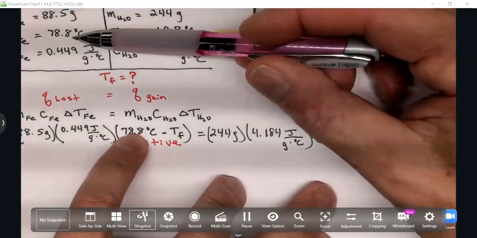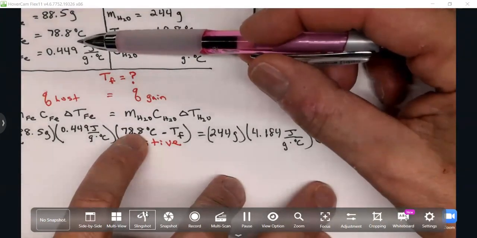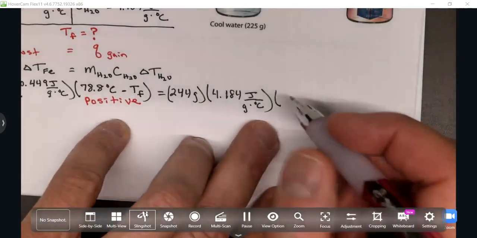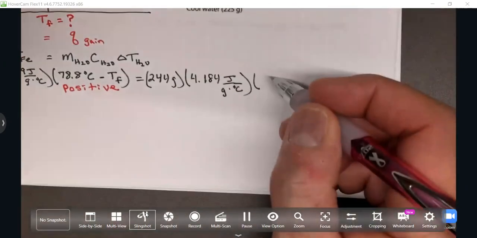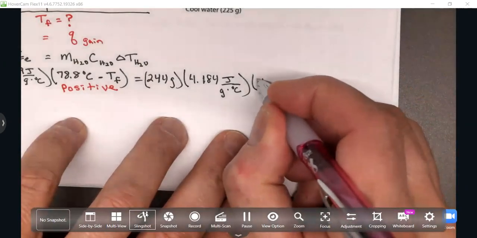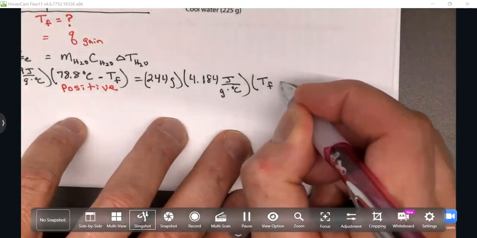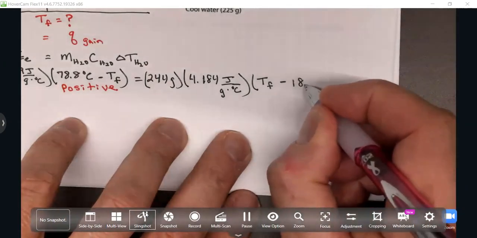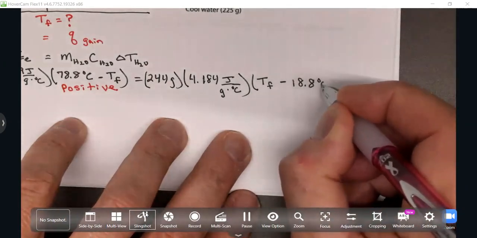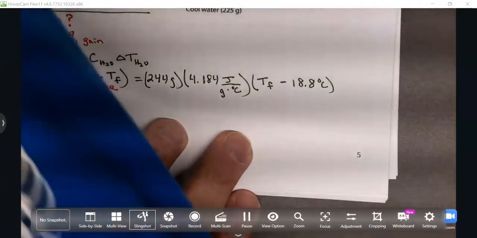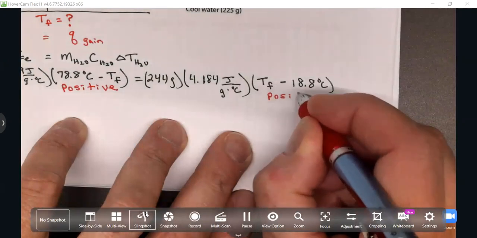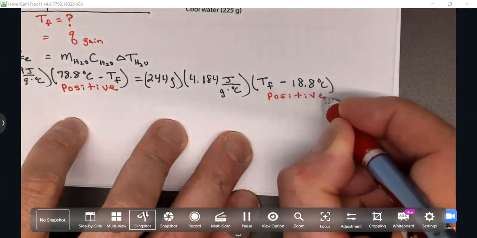I'm going to drop in there 78 degree iron. It's going to go up, right? So in order to make this positive, I'm going to go T final, which is going to be bigger than 18.8 that it started out. Again, you have to think this out and make this positive no matter what.